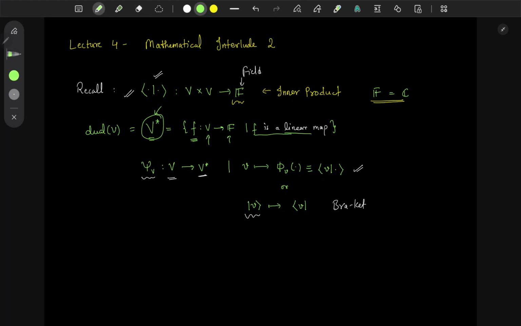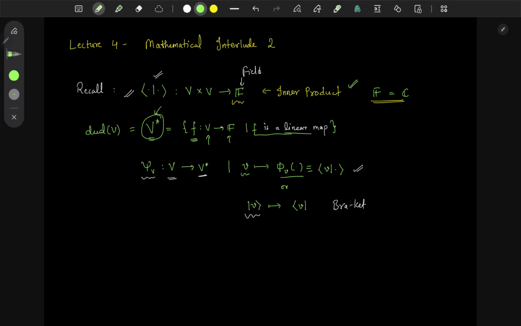Now suppose you have defined an inner product, and you want to find the corresponding element in V star. That element is given by this map psi V. In the previous video I just used psi; here I am using psi V to denote that it is a map on the set V. Given a vector V, it maps it to a function phi of V. In the place of the dot you can put any vector.